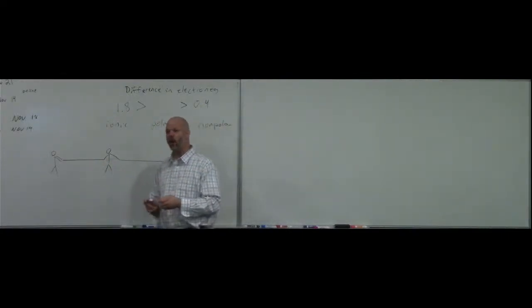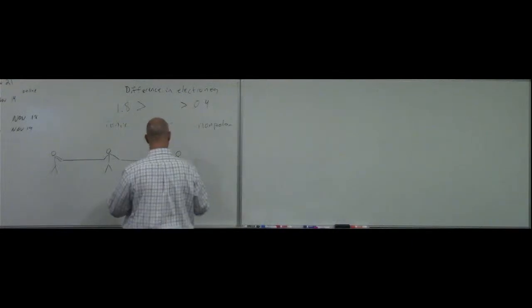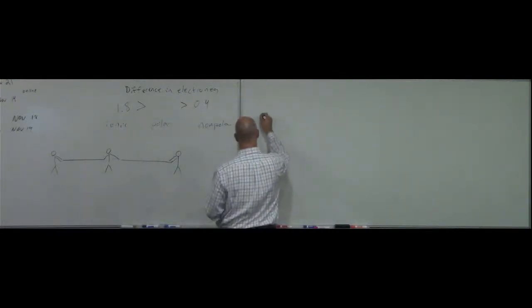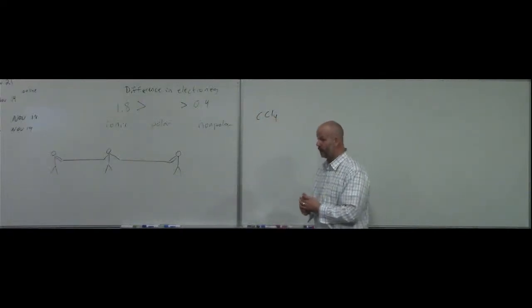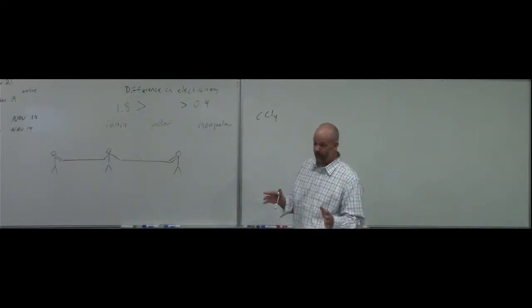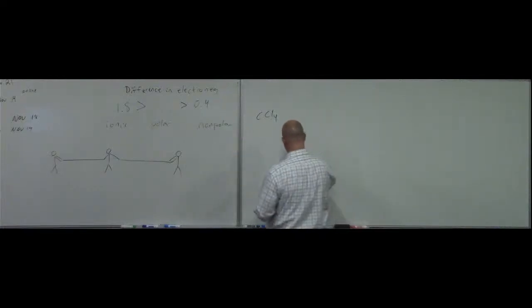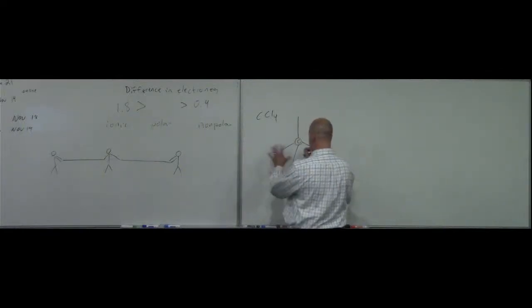There's something like carbon tetrafluoride, okay? CCl4. In carbon tetrafluoride, well, it's not even close. Fluorine is way more electronegative than carbon is. Here's my carbon now, okay? Carbon's getting pulled this way, it's getting pulled this way, it's getting pulled this way, it's getting pulled this way. This is 3D.